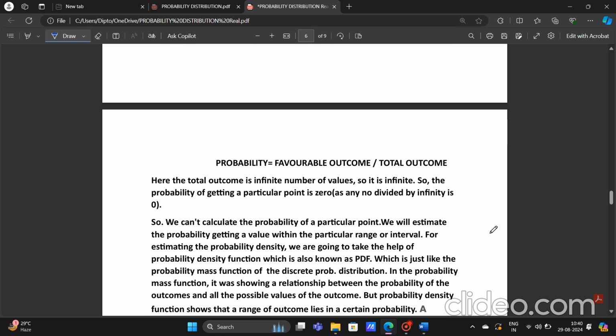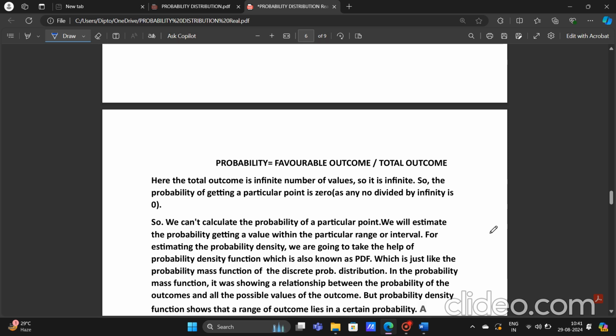But if I tell you that there is a classroom and ask what is the probability of getting a boy of weight equal to 50 kilo or 50.2 kilo. Now the formula is the same.